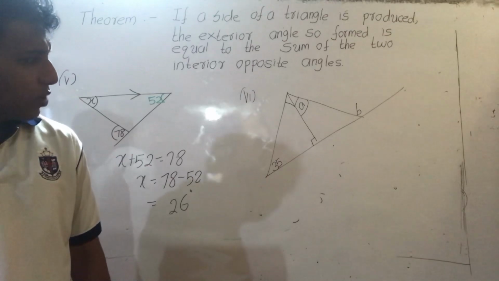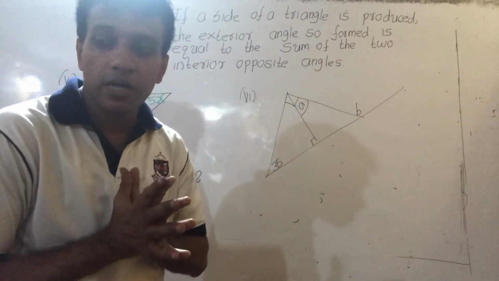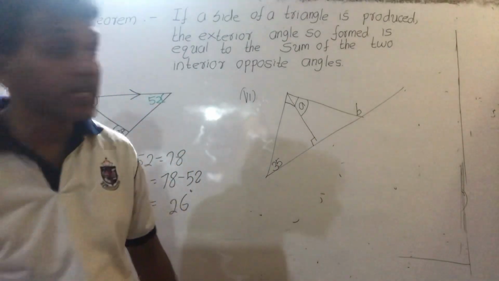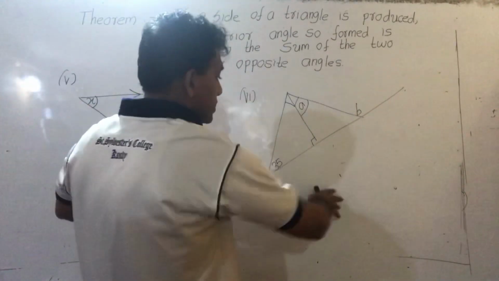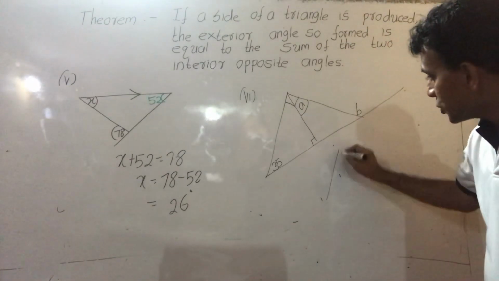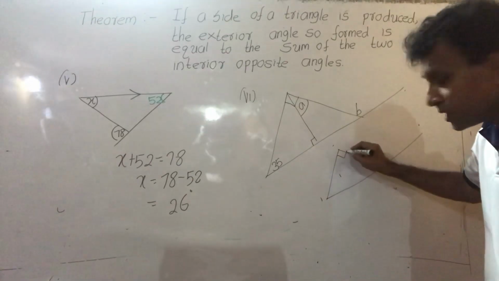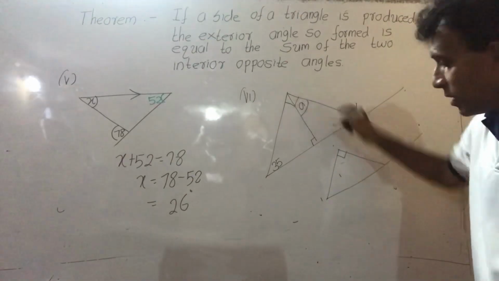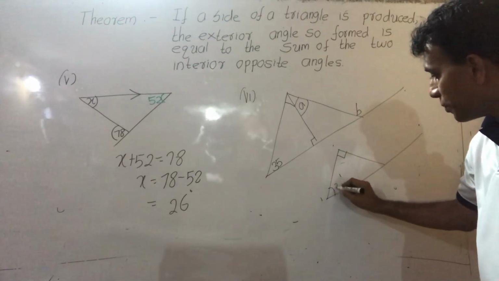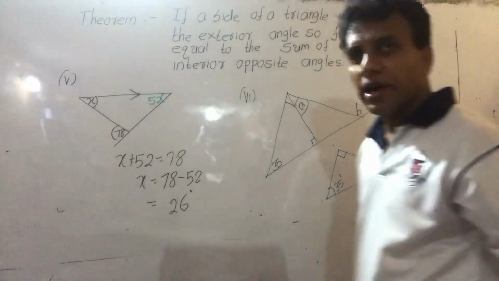So how do you think about this today's lesson? There are so many triangles available. What happens if I take the biggest triangle? If you are confused, I can draw this large triangle. This is 90, here 90, here 35. This is B. Then find the B answer.